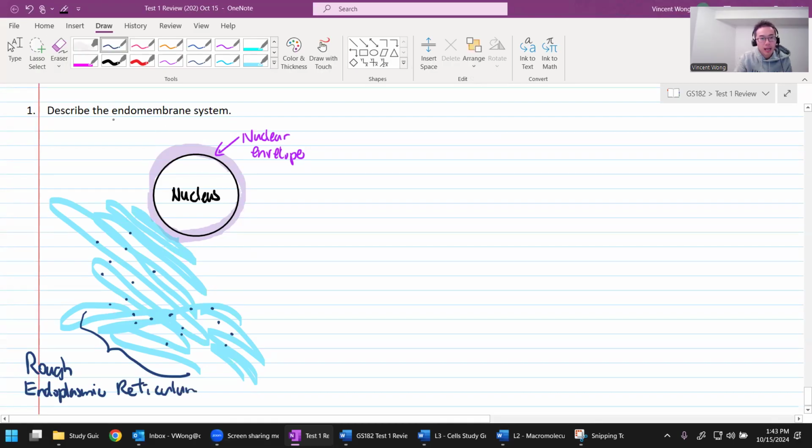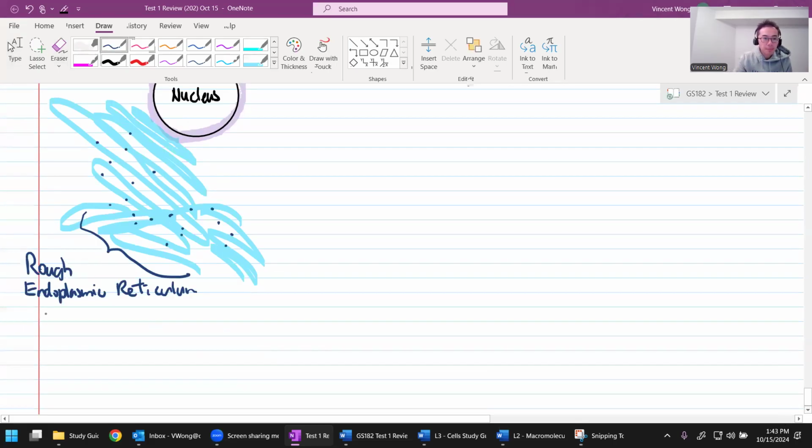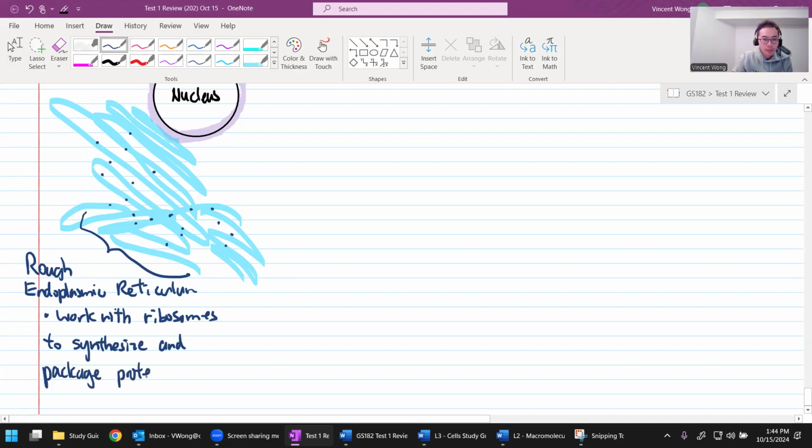These are part of the endomembrane system. They are membranes within the cell. So the rough ER, to put it simply, will work with ribosomes to synthesize and package proteins into vesicles. Okay.